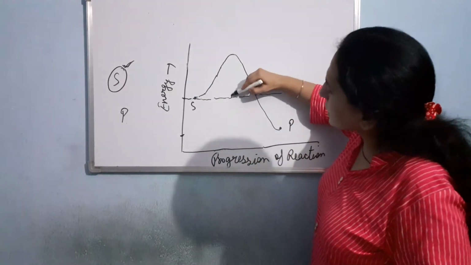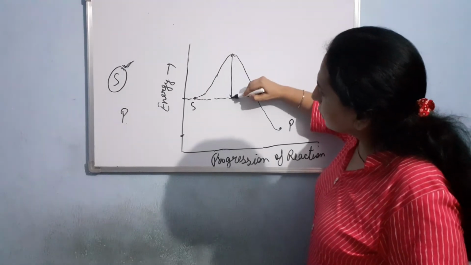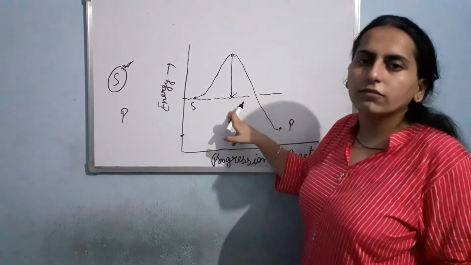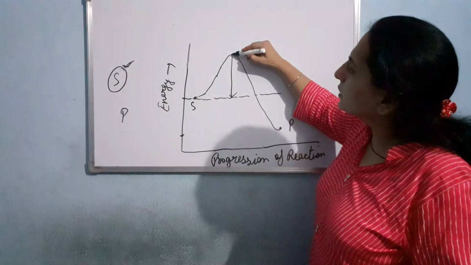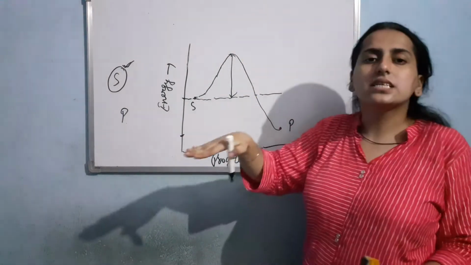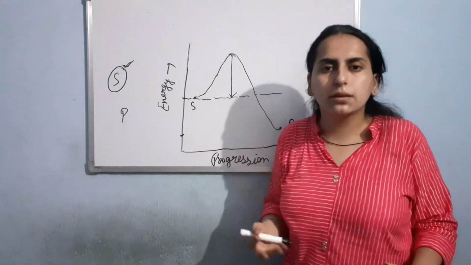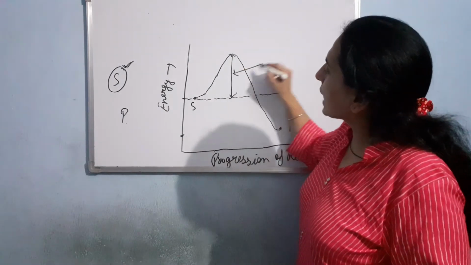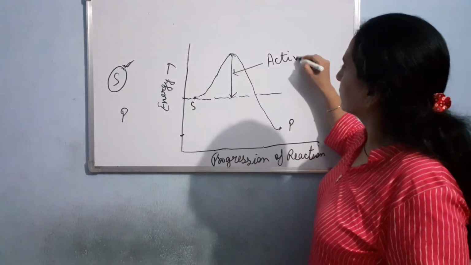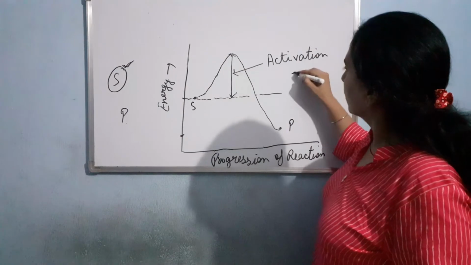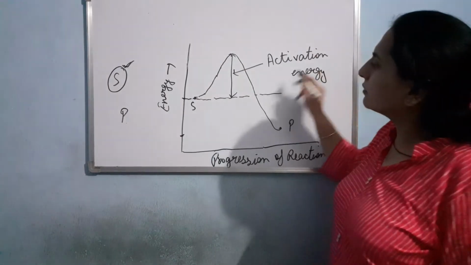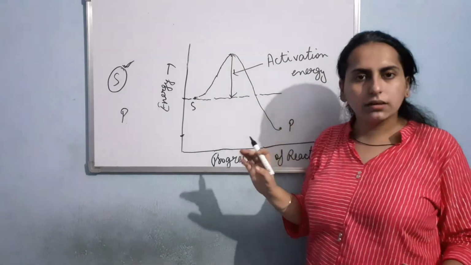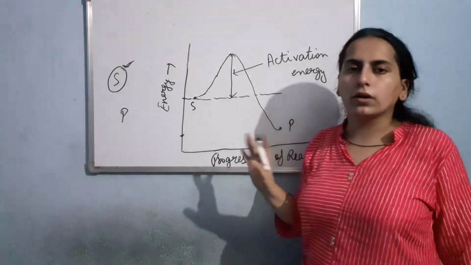So this much energy, that difference between the energy of the substrate and the energy of the transitional state that is unstable, this difference is activation energy. So basically the substrate will gain the activation energy and then it can change into product.